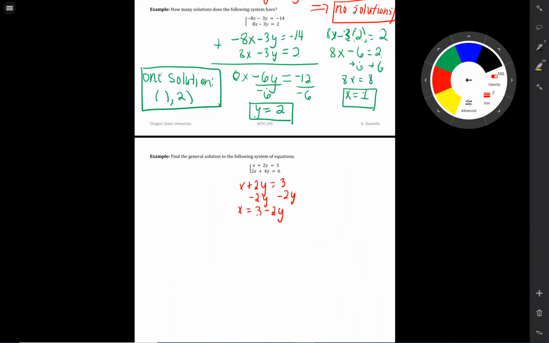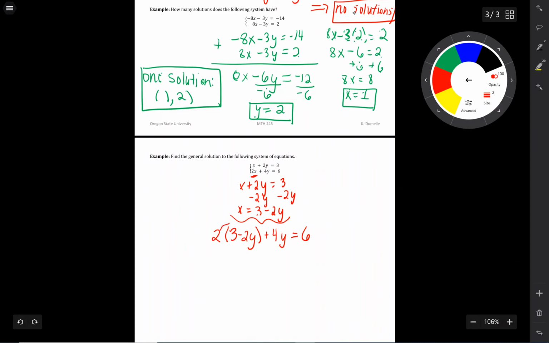Now that I have x solved for in terms of y, I'm going to replace this x right here in our second equation with this right here. So the second equation says 2x, but I know that x is equal to 3 minus 2y, plus 4y is equal to 6.